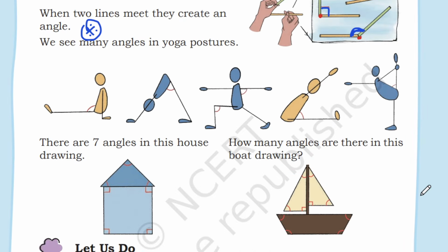So we see many angles in yoga postures. Look at the images 1, 2, 3, 4 and 5. There are many yoga poses here. Okay, we will see the angles.